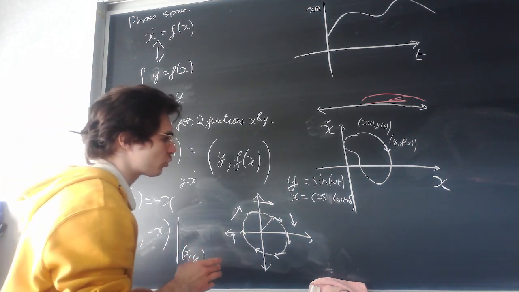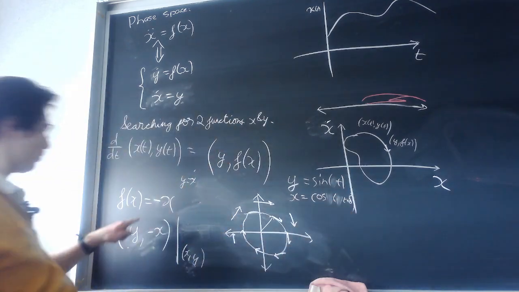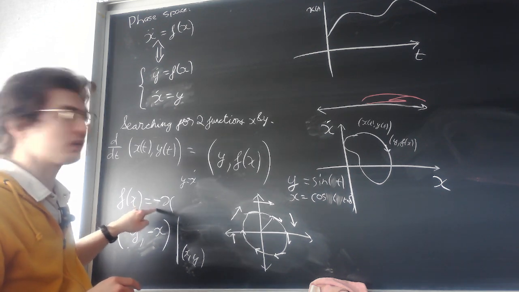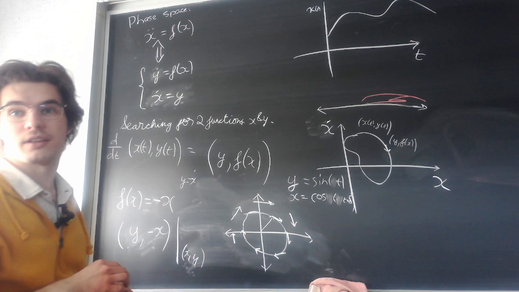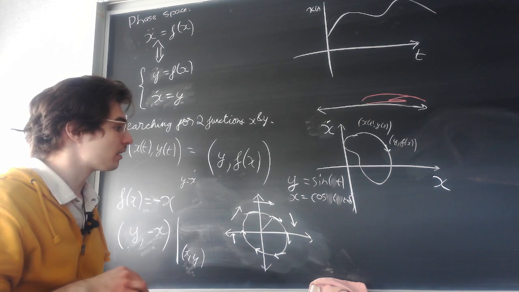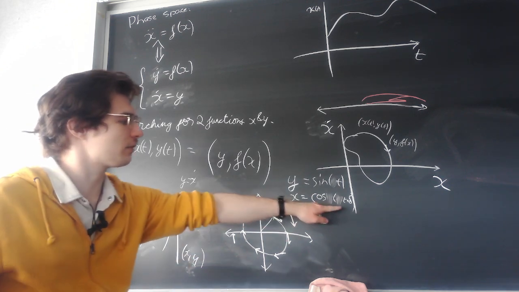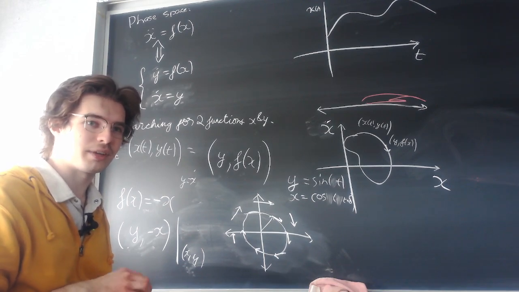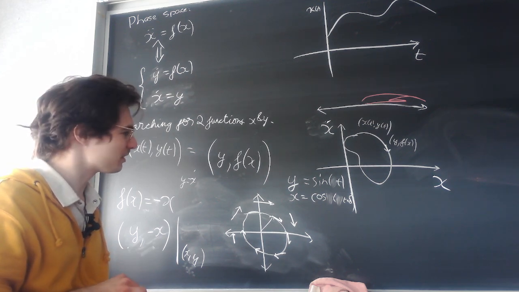Oh, true, omega is 1 because I set omega to be 1 by doing f of x equals minus x. Omega is root k over m, and I set this to be equal to 1. In principle, yes. But since I wrote this delta, I can phase shift by something that I want and make it work out.